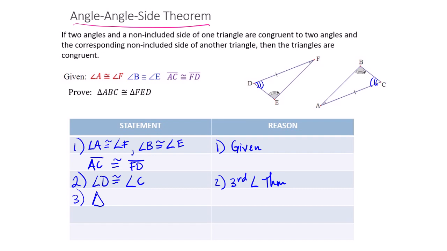So triangle ABC is congruent, and let's just make sure the order is right. So A goes with F, B goes with E. Oops, put the wrong one there. And then, of course, D would correspond with C.